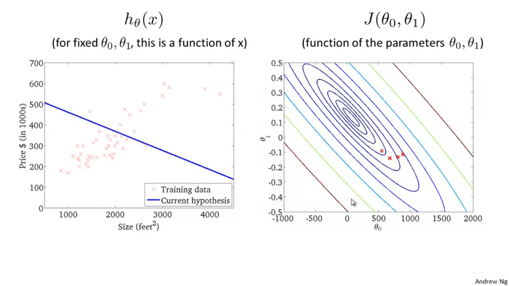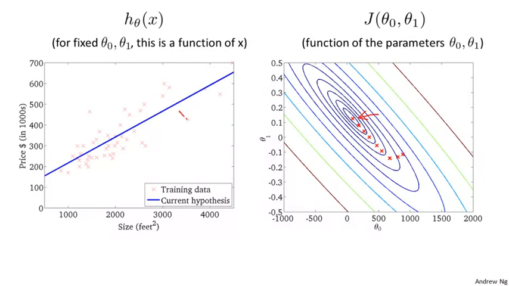As I take further steps, I'm going down in cost, so my parameters follow this trajectory. On the left, this corresponds to hypotheses that are better and better fits to the data, until eventually I wind up at the global minimum, which corresponds to this hypothesis that gives me a good fit to the data.